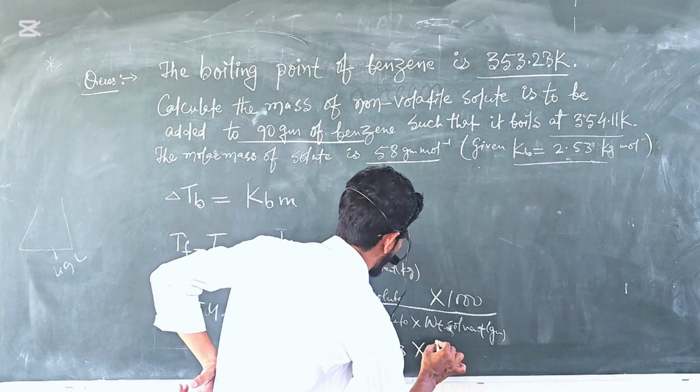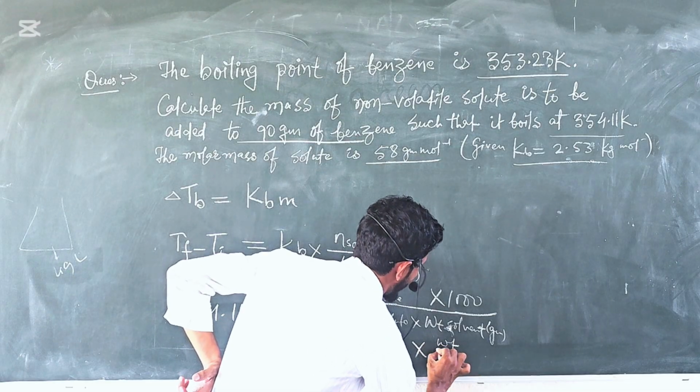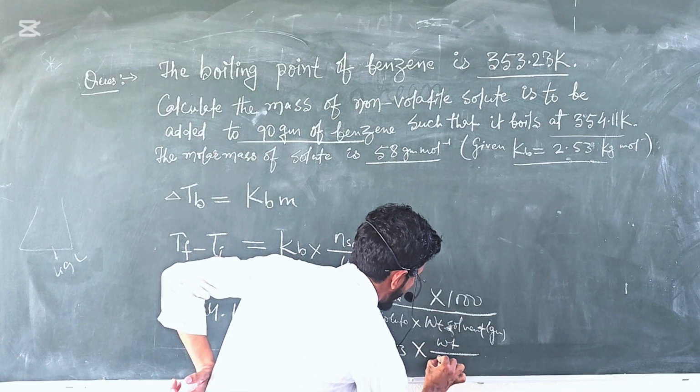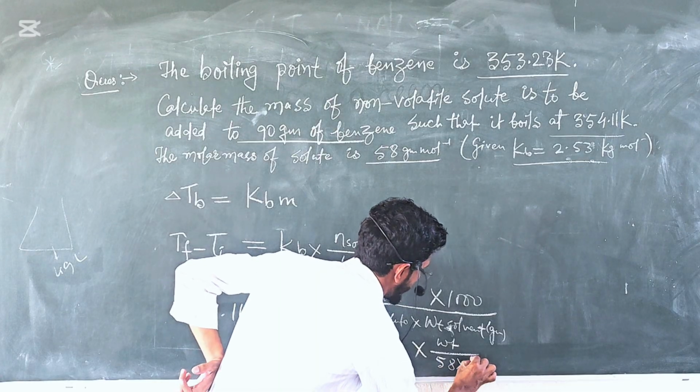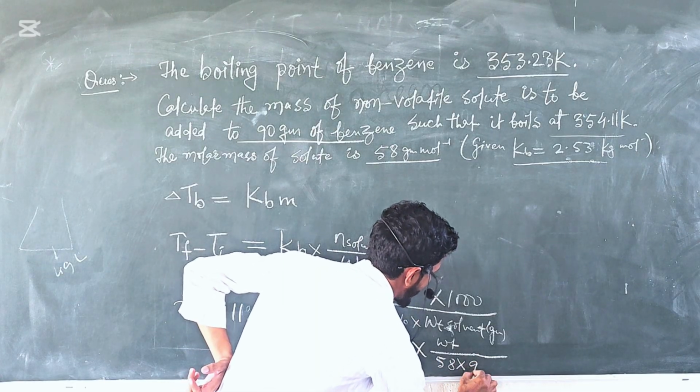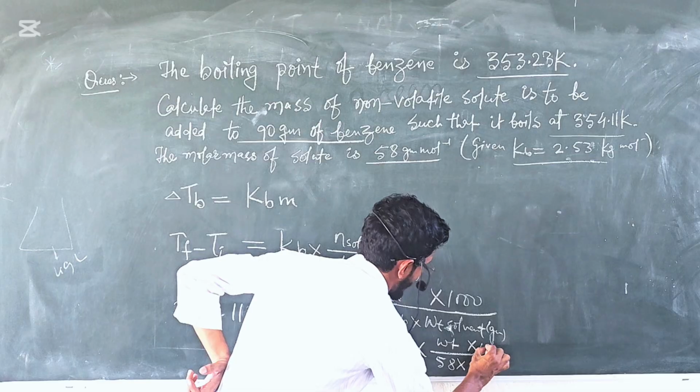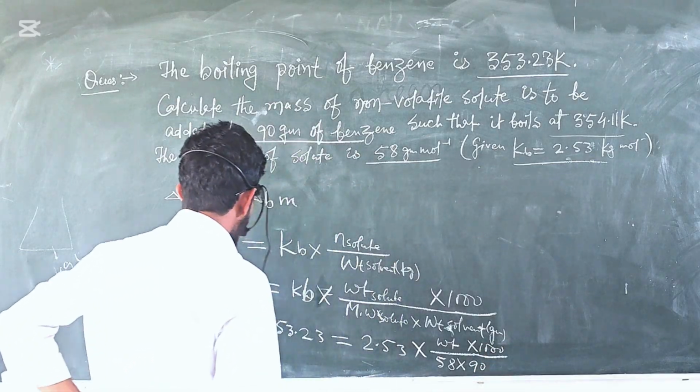We have to find the weight of solute, the molecular weight is 58, and the weight of solvent in gram is 90, into 1000.